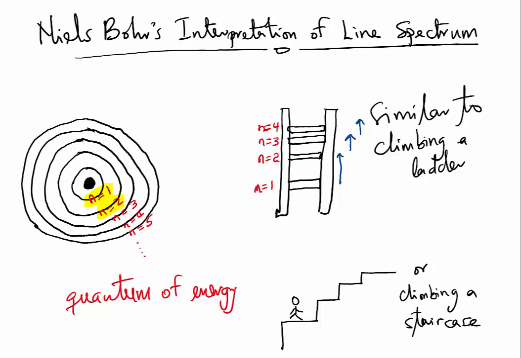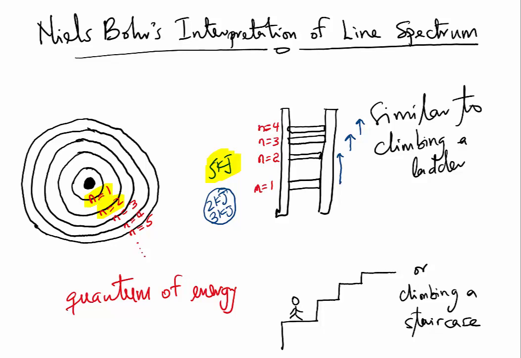For example, if the energy required to go from n equals 1 to n equals 2 is 5 kilojoules of energy, I'm just making that number up. If you supply 2 kilojoules and then you supply another 3 kilojoules, which adds up to 5 kilojoules, the electron will not move an inch.